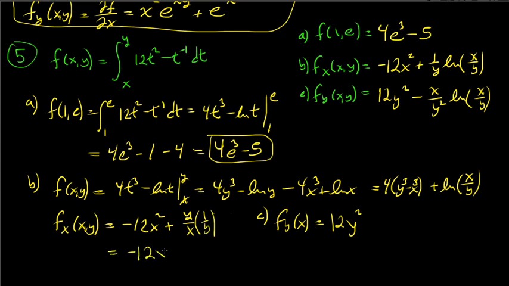So that's negative 12x squared plus 1 over x. The y's cancel. And then for part C, now with respect to y, right, so we still get y over x, and then times the derivative of that, so that was negative x over y squared. So you just get 12y squared minus 1 over y. So I think that's it.